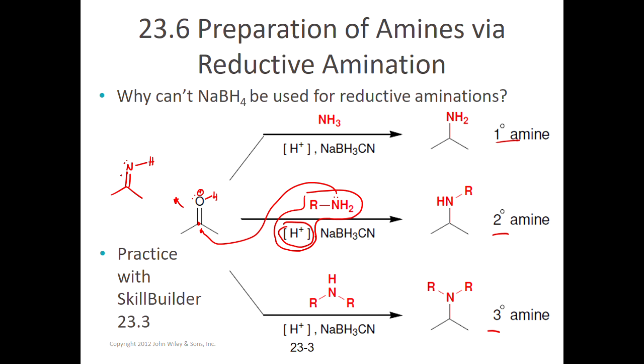Once the imine forms, it's reactive toward the sodium cyanoborohydride. So that delivers a hydride here and pushes these electrons up to the nitrogen. That may or may not happen before the nitrogen gets an extra proton though.